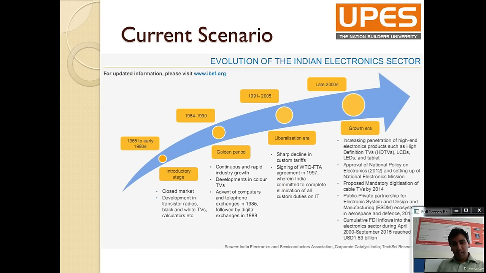If you remember, in the early 1980s, we were using transistor radios and black and white television sets, and now we have migrated to 2015-16, where we are using high definition televisions, very fast internet, very high performance laptops, notepads, very small and light mobile phones, and a very good communication speed.